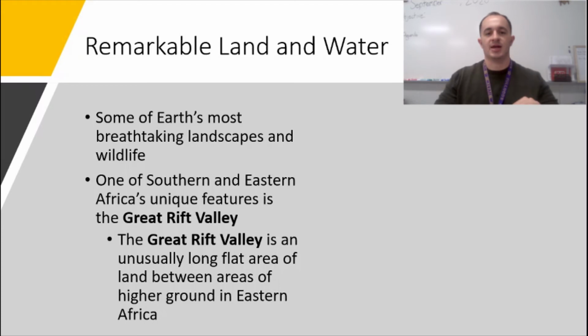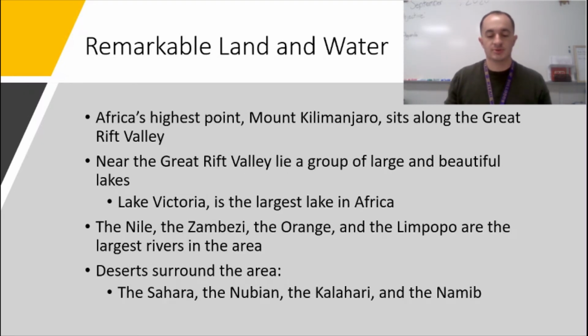This is because we have plates and bodies moving apart, which creates this large valley in the center of eastern Africa. So Africa's highest point, Mount Kilimanjaro, sits along the Great Rift Valley because we have the plates moving apart, creating these high plateaus and mountain ranges.